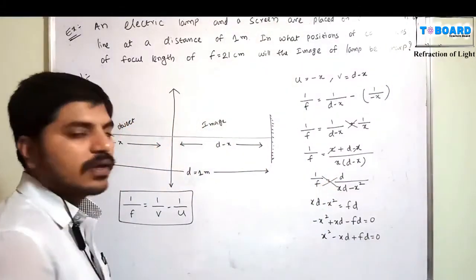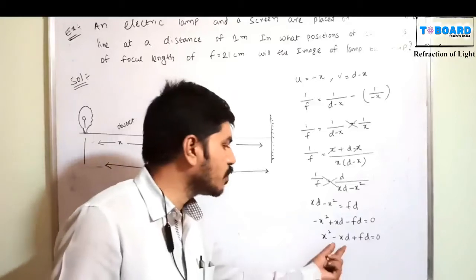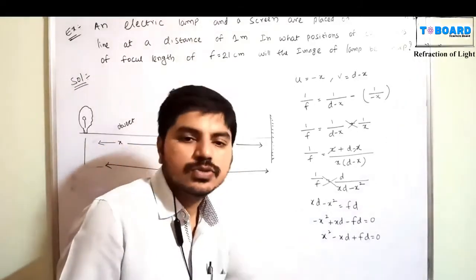So this is of the kind ax square plus bx plus c is equal to 0.